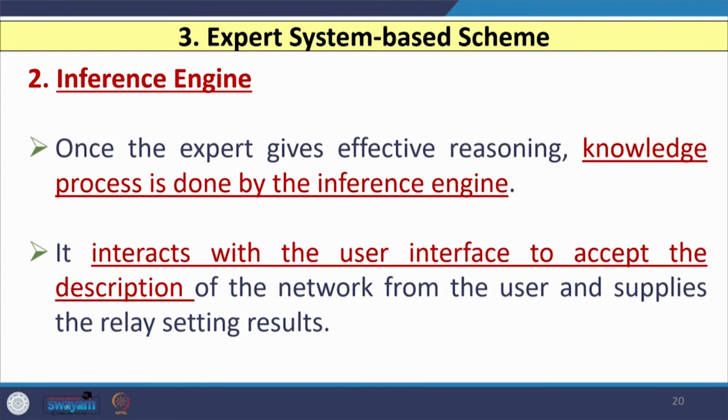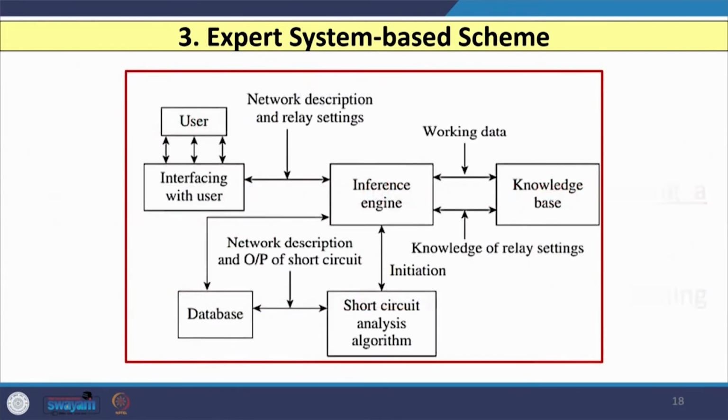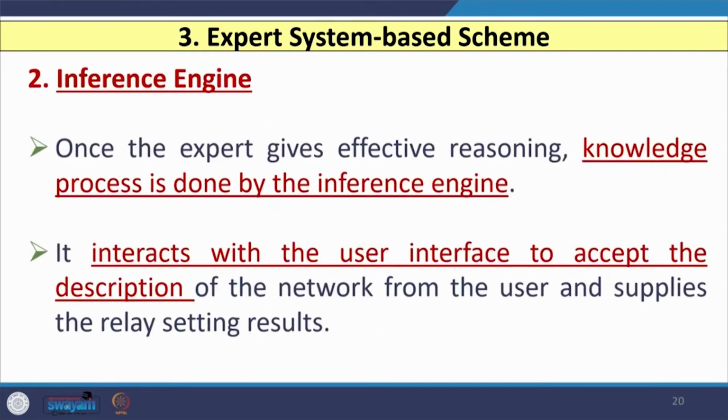The second block is known as the inference engine. Once the expert gives the effective reasoning, the knowledge process is done by this block. It interacts with the user interface and accepts the description of the network from the user and supplies the relay setting results.